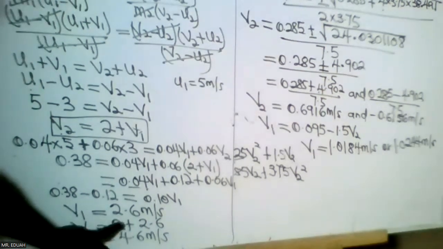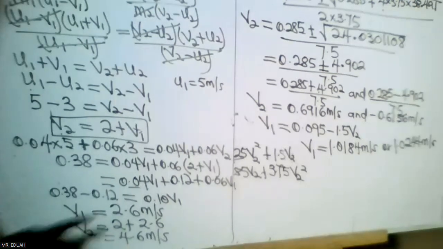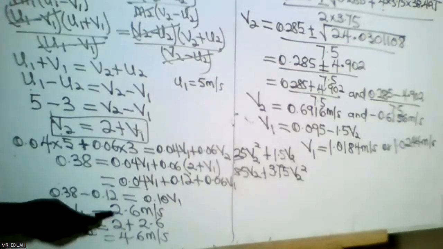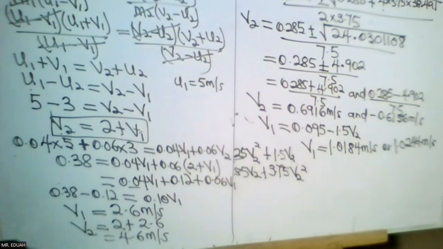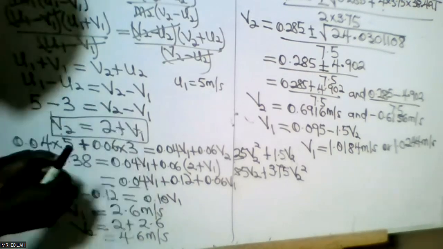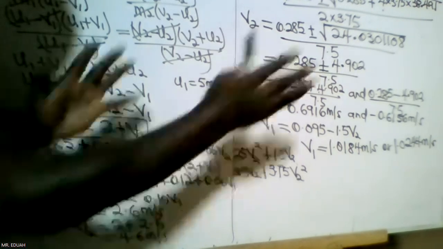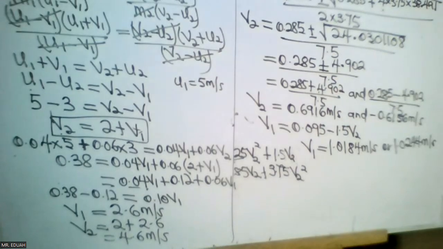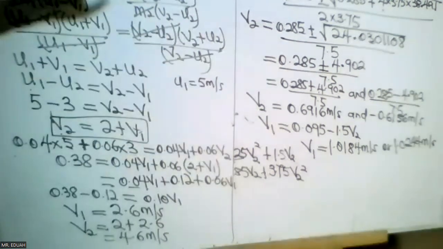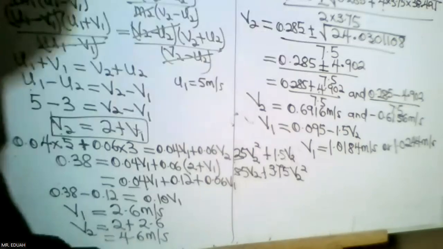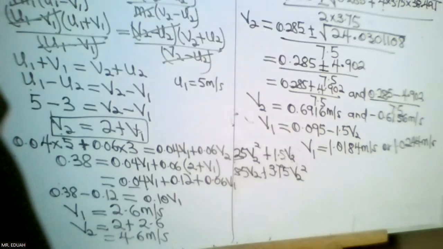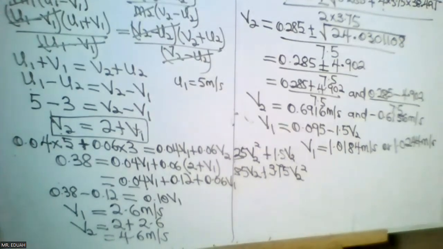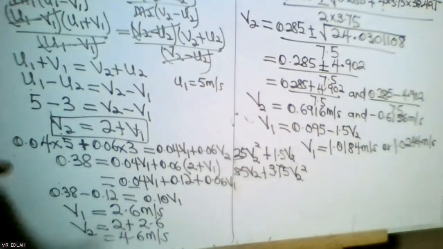V1 is 2.6 meters per second, and they are all positive, meaning that after collision, both bodies were still moving in one direction. You will still use the almighty formula to confirm. It's an assignment for all of you. We can't get that wrong.